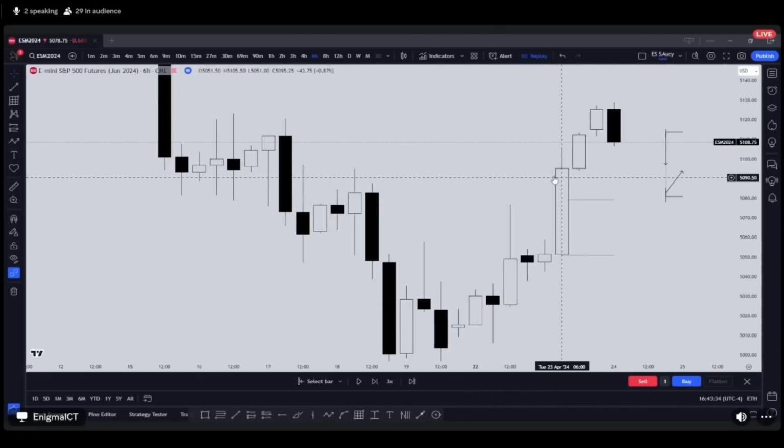When this 6 hour closes, the previous range that I had is no longer valid, so now I mark this as my range. Why? Because it closed above these highs right here. This high is a main high, but as soon as a body closes above this high, this becomes your new range.